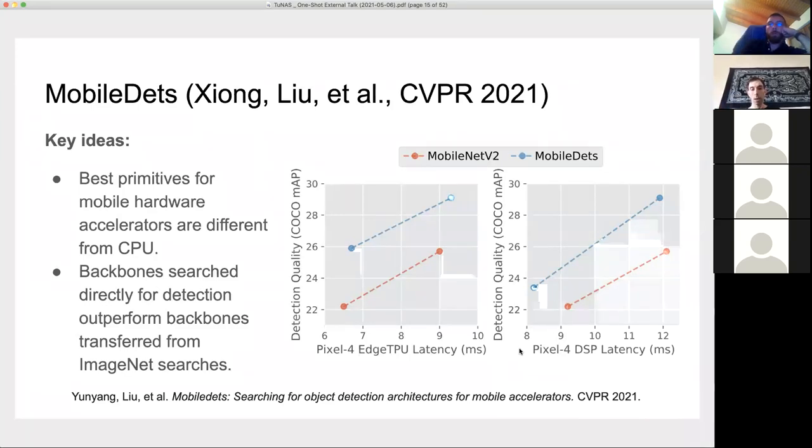The second observation is that a lot of previous work has focused on optimizing either FLOPs or mobile CPUs.